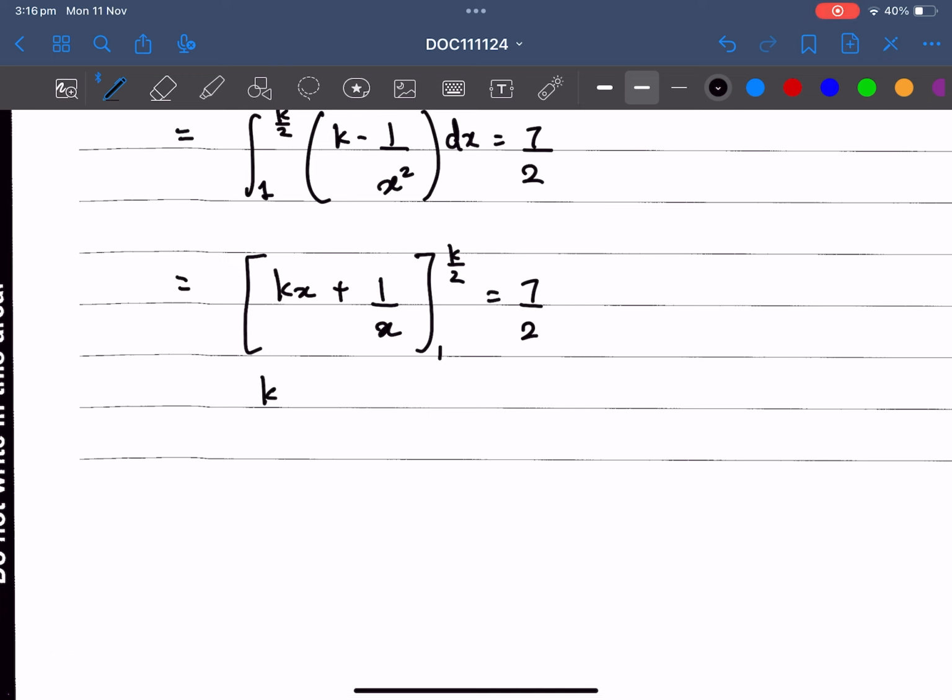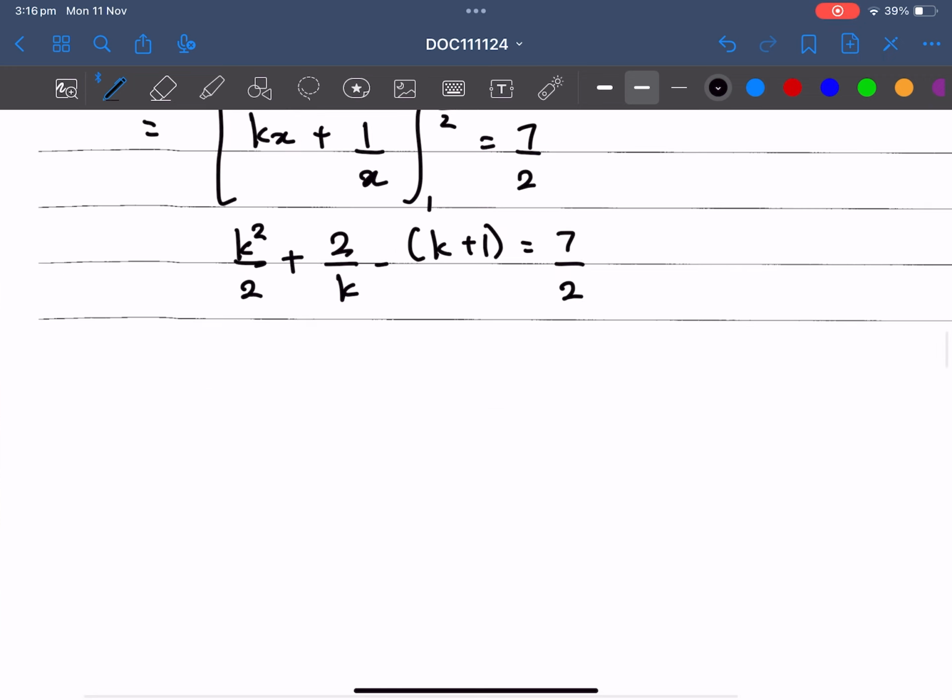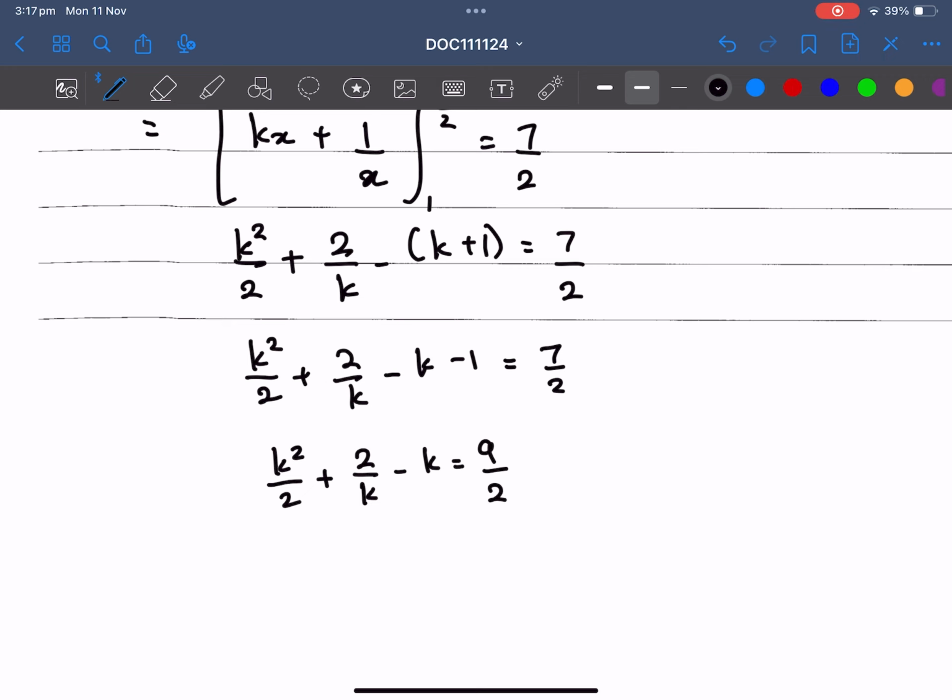So now substitute in: k squared on 2 plus 2 on k minus k plus 1 has to be 7 on 2. Okay, so k squared on 2 plus 2 on k minus 1 equals 7 on 2. So k squared on 2 plus 2 on k minus k equals 9 on 2.